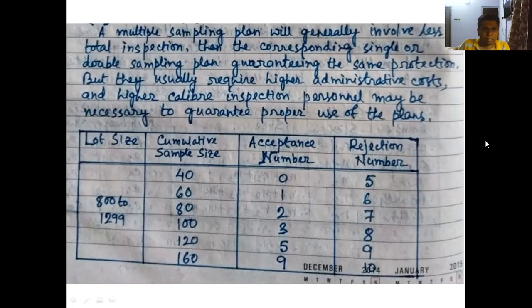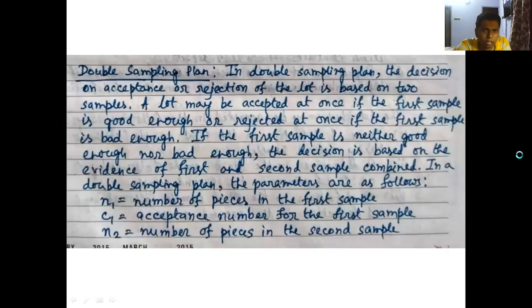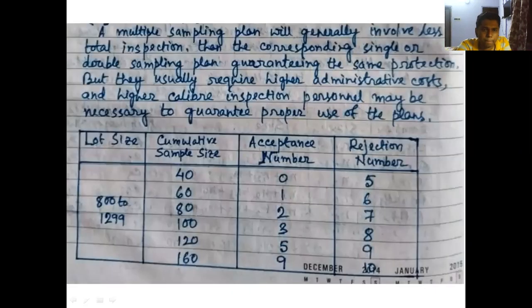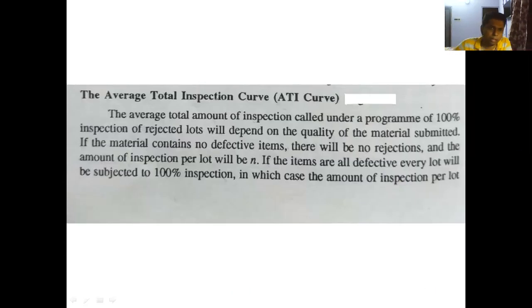And the third issue is why the multiple sampling plan involves less total inspection but higher administrative costs. Now we will discuss another thing, that is the ATI, or average total inspection curve.